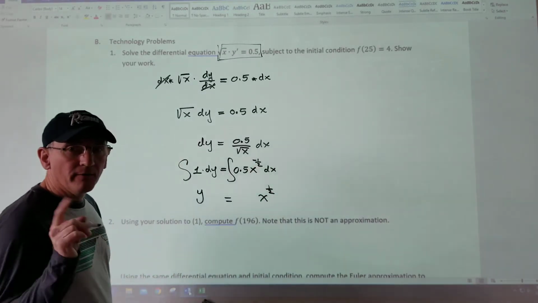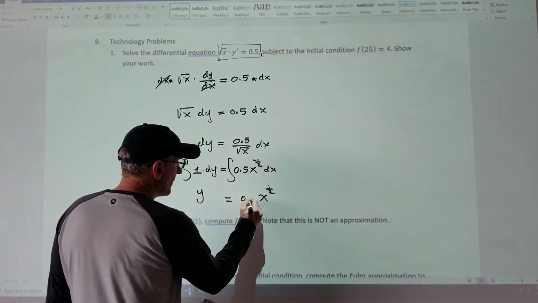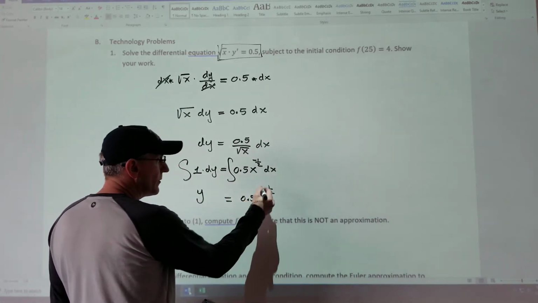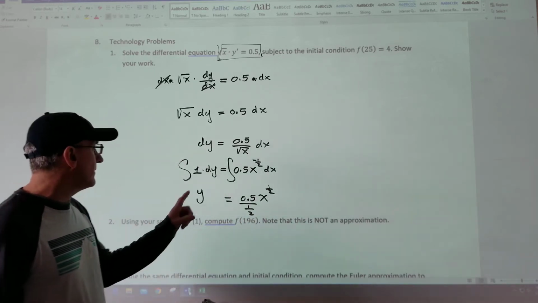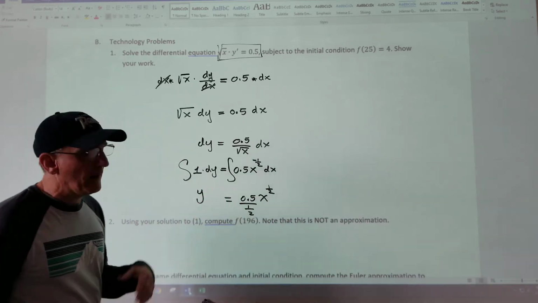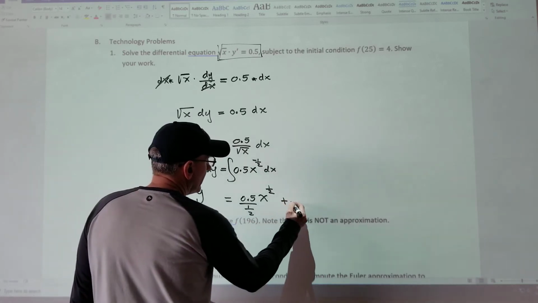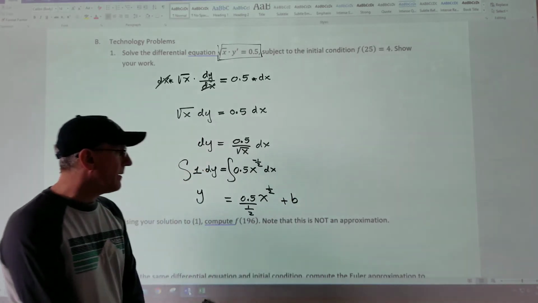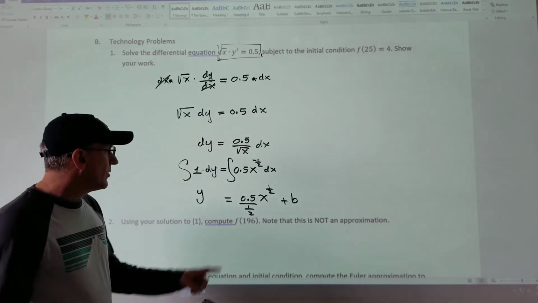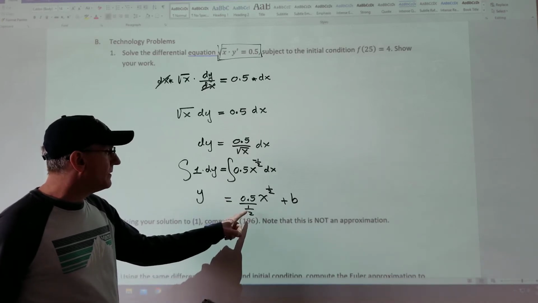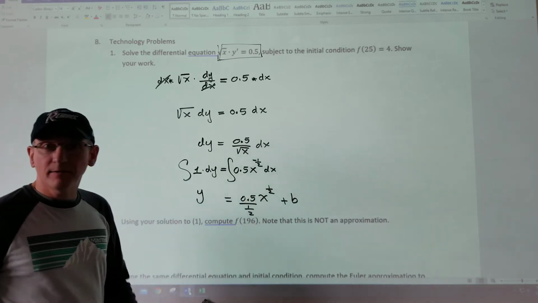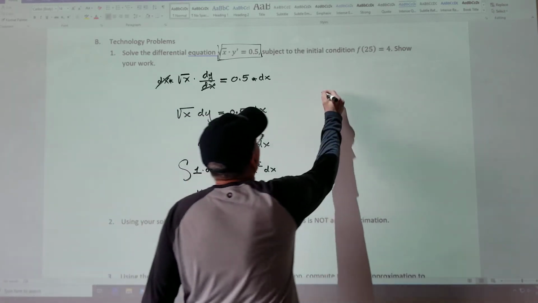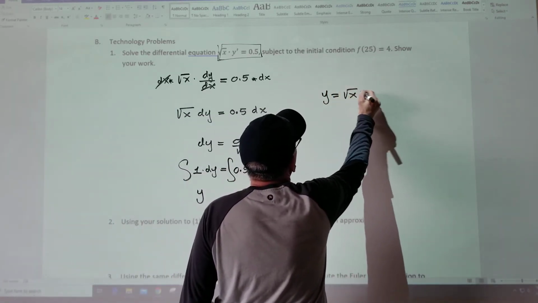But then you have to divide this coefficient by the result of that raised exponent. And then, of course, add a constant, either here or both. I always put it on the right, a, b, or c, whatever makes you happy. Now, of course, 0.5 divided by 1/2 is 1. Another way to write x to the 1/2 is square root x. So we come up with y equals square root of x plus b.